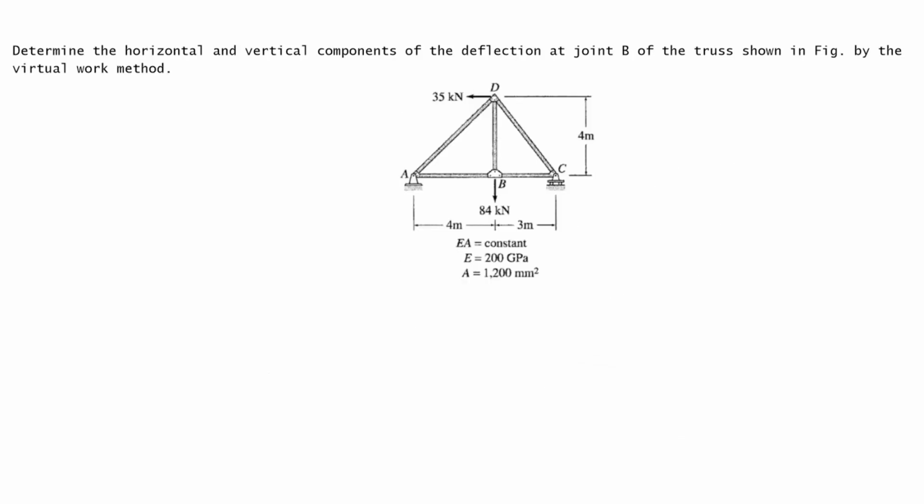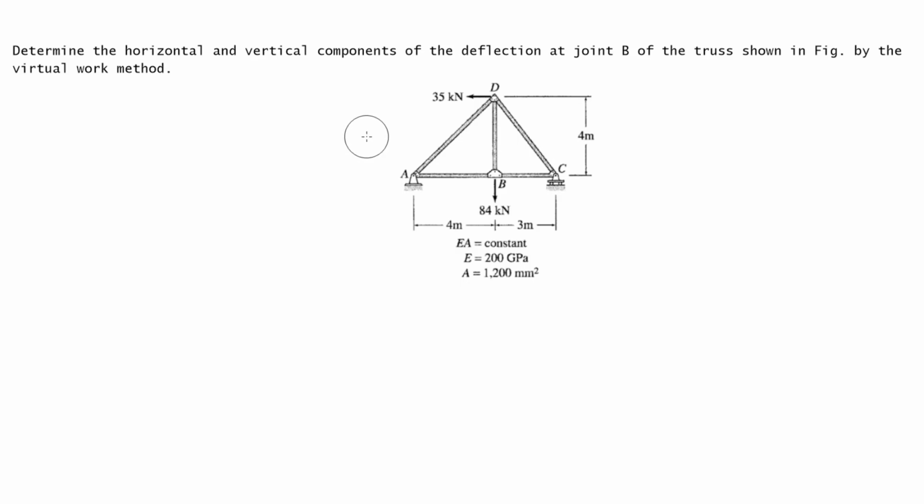Okay, so example number 1. The problem: determine the horizontal and vertical components of the deflection at joint B of the truss shown in the figure by the virtual work method.